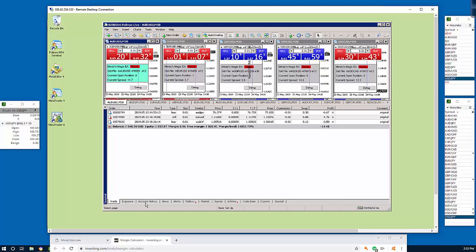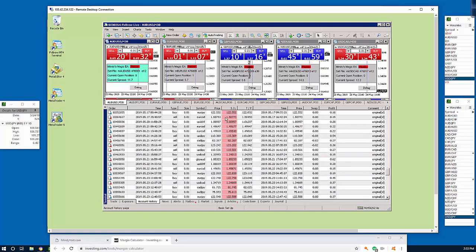Now, when you look at the history on this account, well, you can see that most of the time I get stopped out of my trades. But you can also see that they're all stopping out for profits, just tiny profits, because this is a tiny account, right? So this would be about 4.5, 5 pips here.